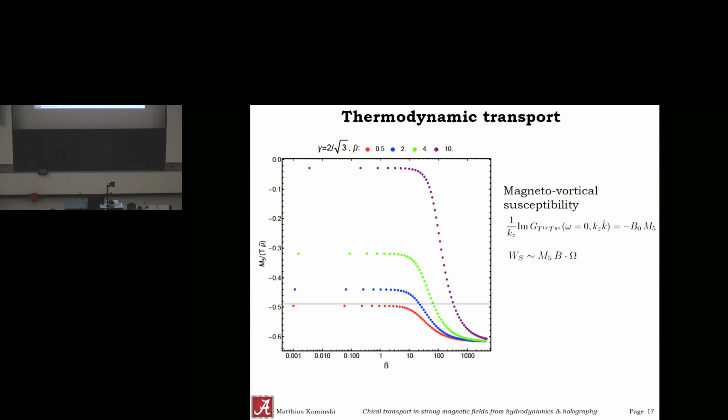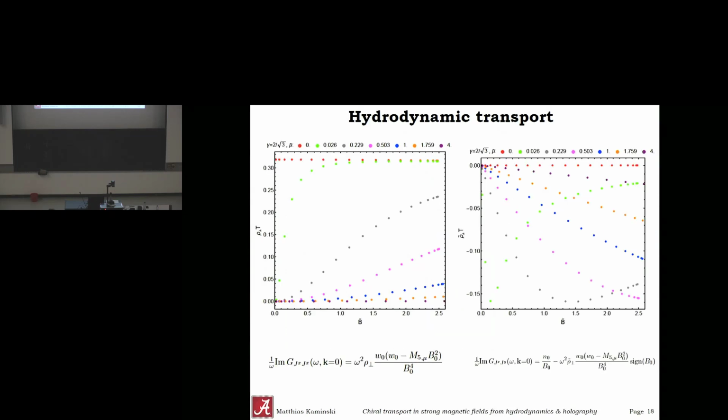We find that indeed this depends on the magnetic field, and at large magnetic field it approaches a certain asymptotic value, which is negative, around minus 0.6. There are non-zero values. These are still preliminary results.